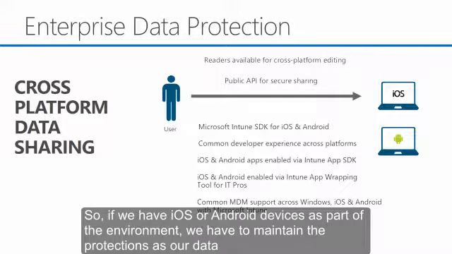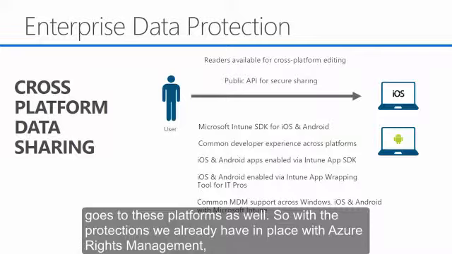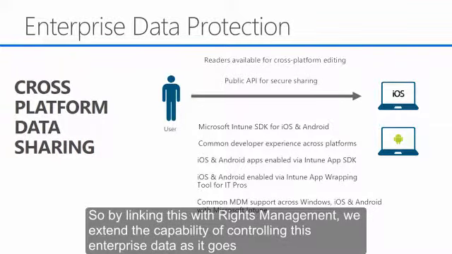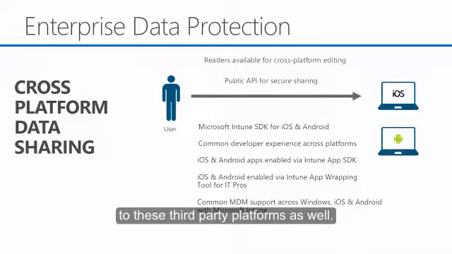So if we have iOS or Android devices as part of the environment, we have to maintain the protections as our data goes to these platforms as well. So with the protections we already have in place with Azure Rights Management, a lot of this infrastructure is already there. We have RMS readers already available for iOS and Android platforms. So by linking this with Rights Management, we extend the capability of controlling this enterprise data as it goes to these third-party platforms as well.